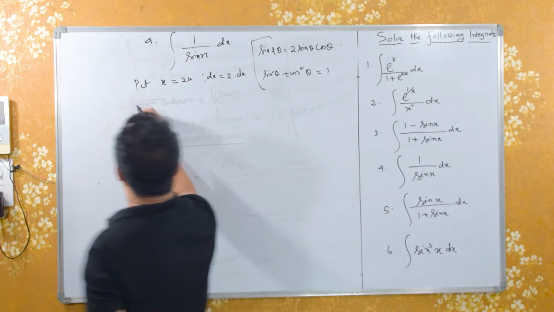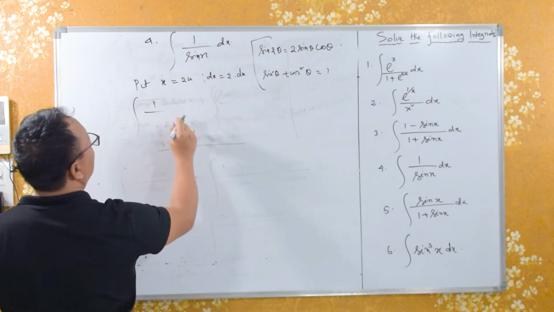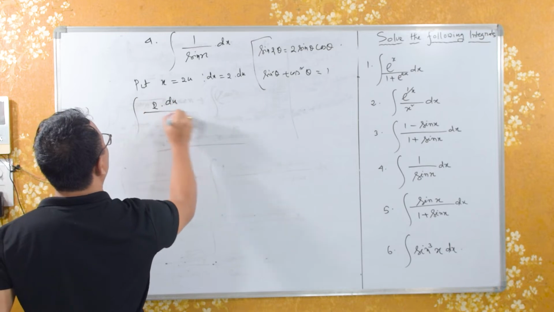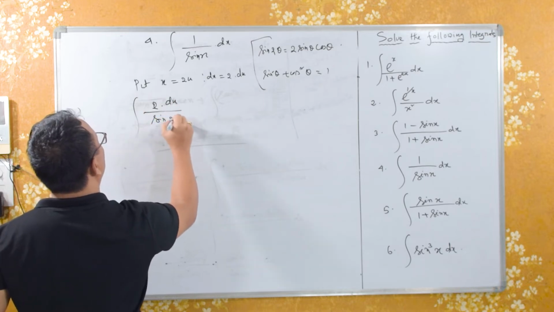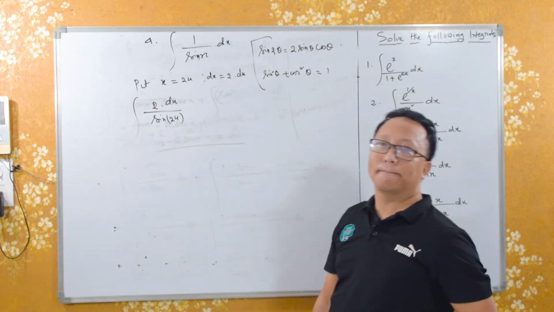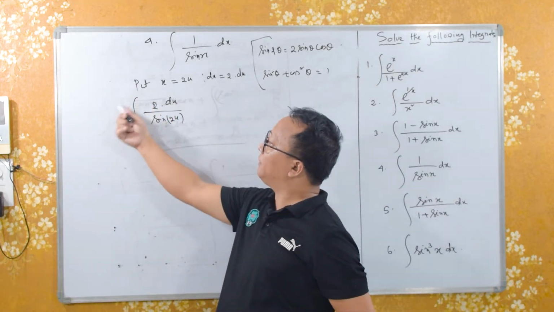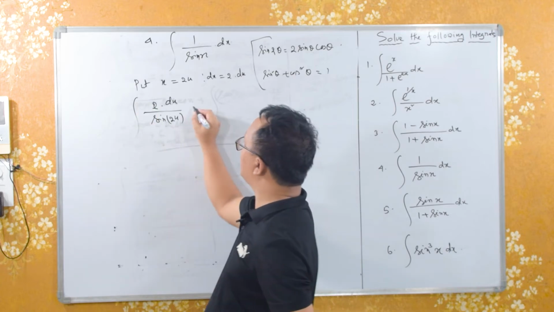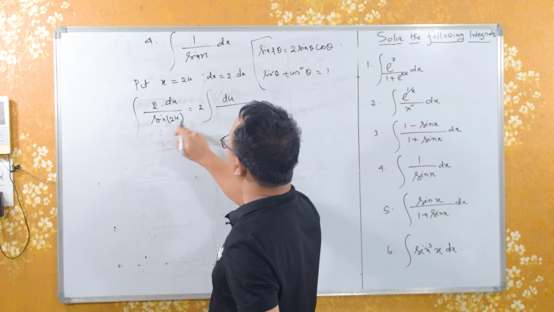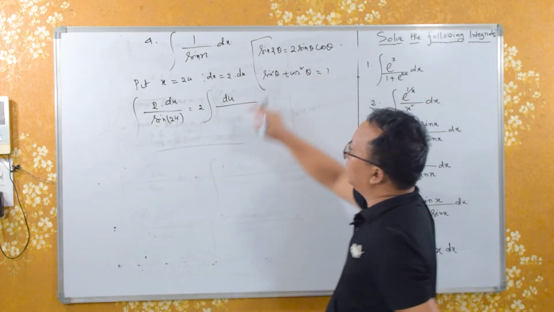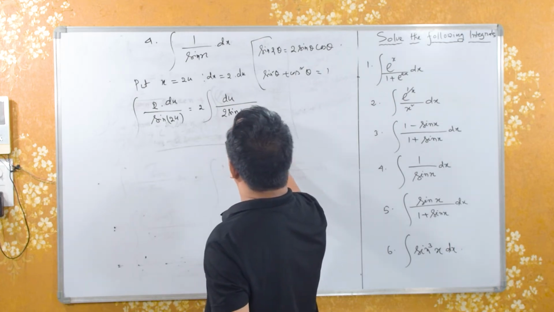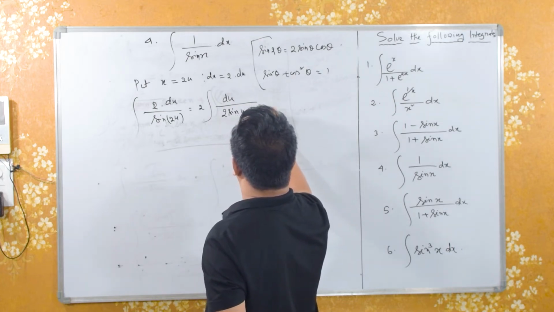Therefore this becomes 1 upon sine of twice u, with dx being 2 du. Now this 2 I can send outside because it is a constant: 2 du upon sine twice u. Sine twice u is 2 sine of u into cos u.